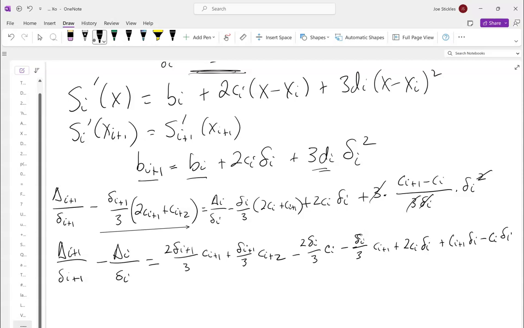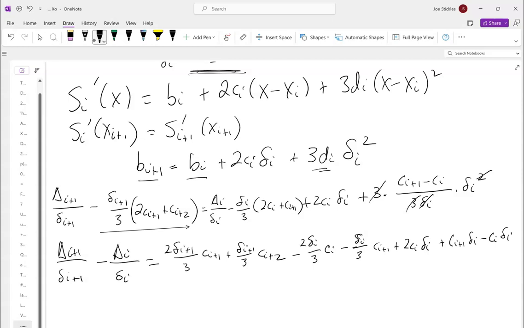I know, lots of letters. We're getting there eventually. Okay, so let's collect like terms. I've got a C sub I, a C sub I plus 1 and a C sub I plus 2. I'm going to write this in increasing order as we go, for lack of any better order to do it.